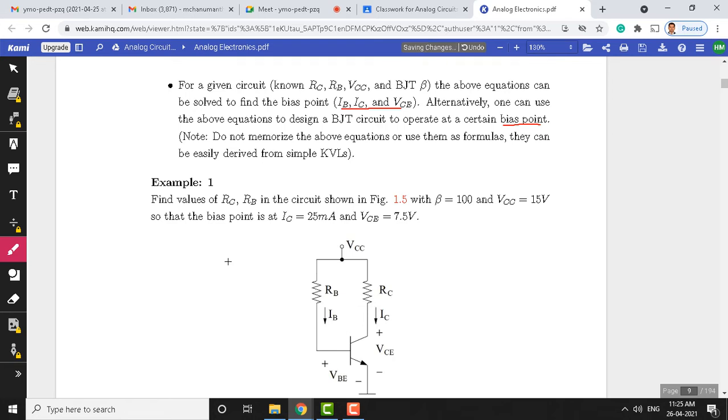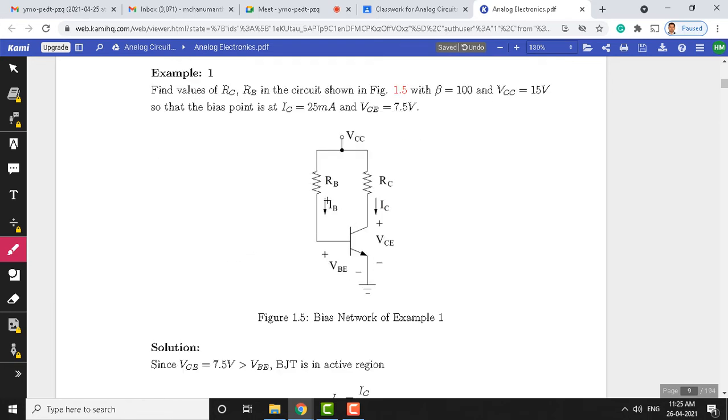Now let us take an example of using this biasing scheme. This is the circuit given here. We need to find the values of RC and RB. This is already shown in the figure here, and the given values are beta as 100 and the collector supply voltage as 15 volts.